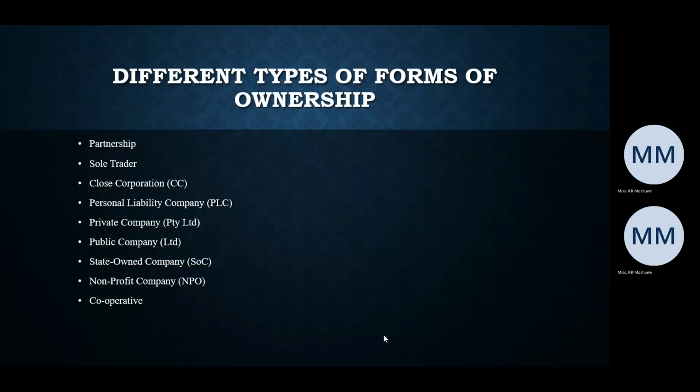Say your partnership company is called Tepo and Tabo, your company doesn't really have to end with something. But if it's a close corporation, say it's Vaseline, we'll have Vaseline CC. That's how these forms of ownership work.